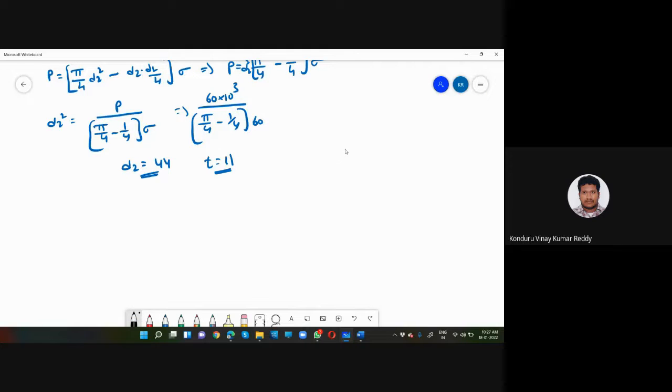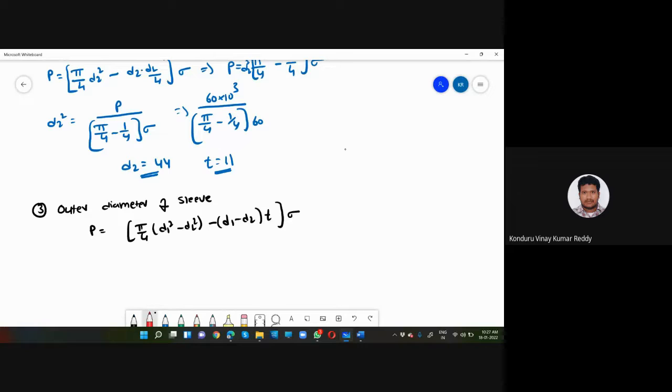The third one is the outside diameter or outer diameter of the sleeve. That is P is equal to pi by 4 (d1 square minus d2 square) minus (d1 minus d2) into t, which is multiplied with normal stress.